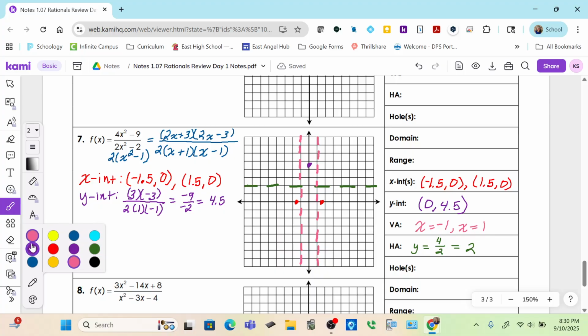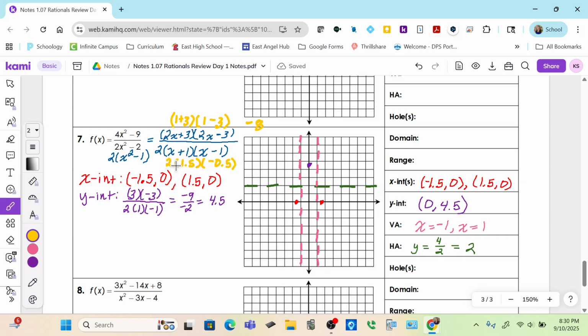So if I plug in 1/2, I'm going to have 1 plus 3 times 1 minus 3 over 2 times 1.5 times negative 0.5. So my numerator would be 4 times negative 2, that's going to be a negative 8.